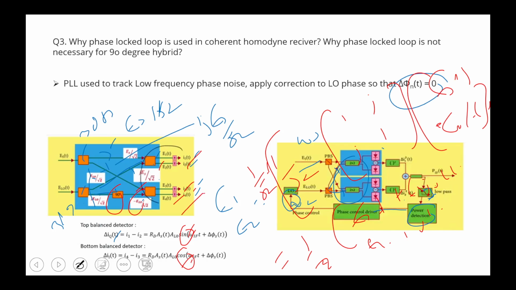But in the case of homodyne, we calculate through one single component, so we have to take a feedback loop. There we need a PLL, but here we do not require a PLL. So phase noise correction needs to be carried out, and frequency offset correction needs to be carried out.